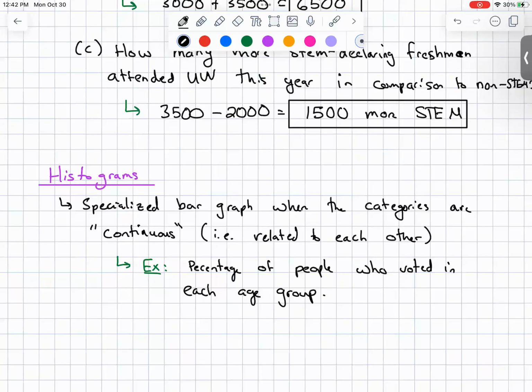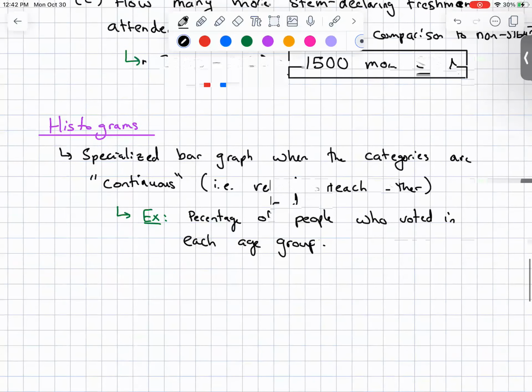And probably another example would be rainfall every year in a certain area, because all of those things are connected to each other. Each year is connected by that concept. So, it's a specialized bar graph.